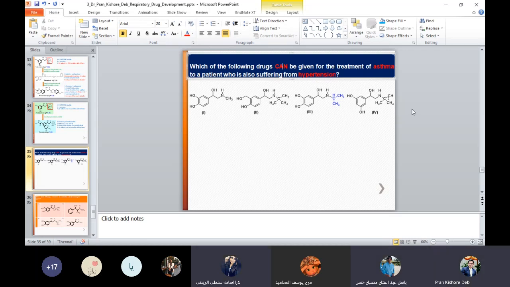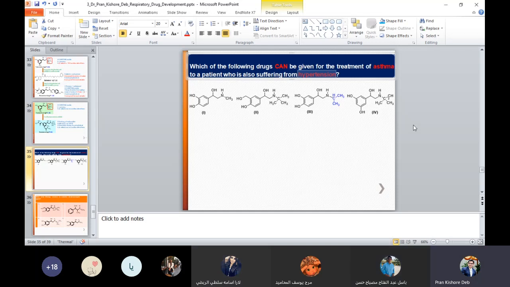Because it will not show the pressor effect as a side effect. No, the answer is wrong, because they are not binding to alpha. Selectivity. You see the question, hypertension. Can be given. That's why I say you read the question.